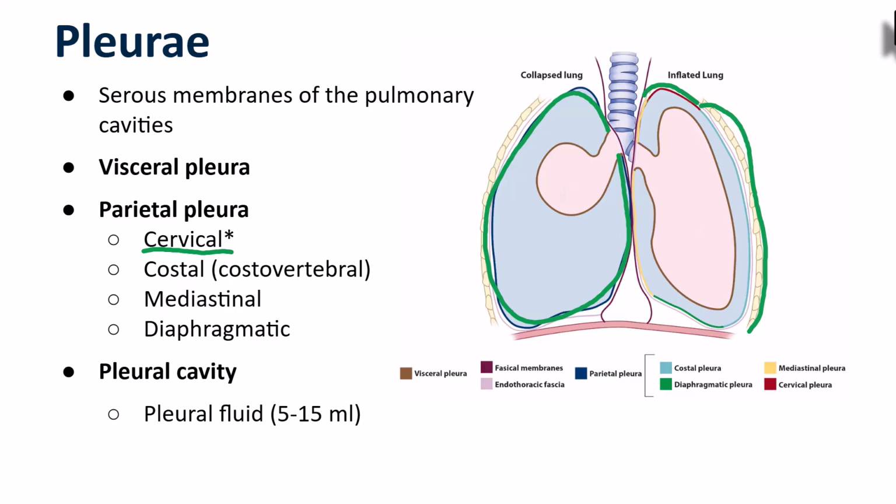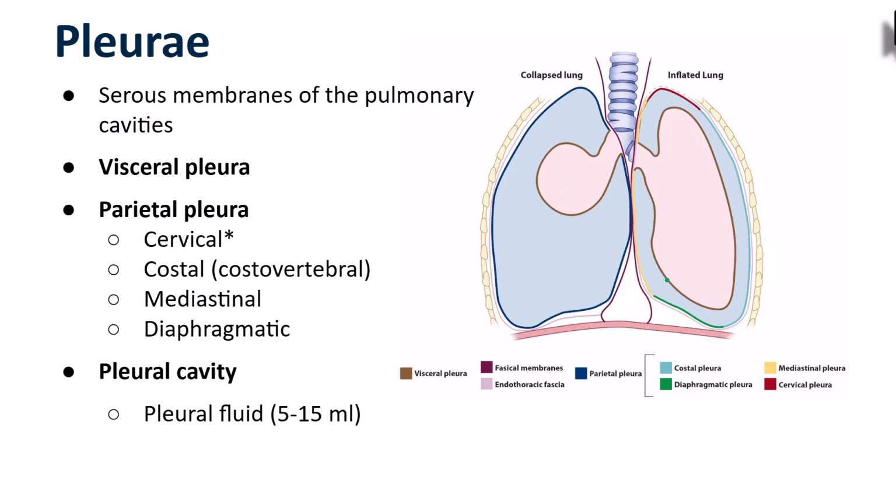Some people call this the costovertebral pleura, but that's a mouthful, so let's just call it the costal pleura. And then against the mediastinal surface, there's the mediastinal pleura. So the cervical pleura can also just be seen as where there's a coming together of costal and mediastinal pleura. But let's be complete and inclusive and call it by a unique name.